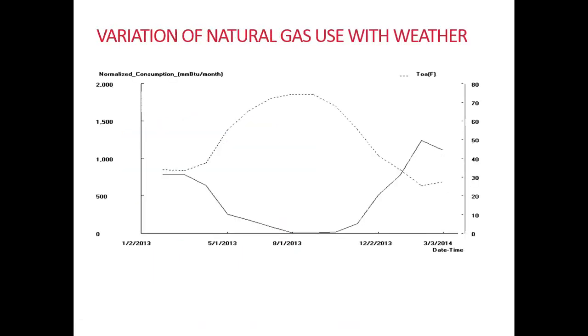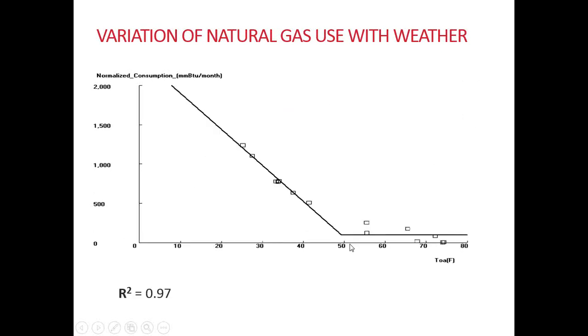So we do the same thing with natural gas. I can go through these really quickly. The time series graph of natural gas with weather, there's a very nice inverse correlation here. As obviously as outdoor air temperature goes up, we're using almost zero natural gas, which is a beautiful graph right there.